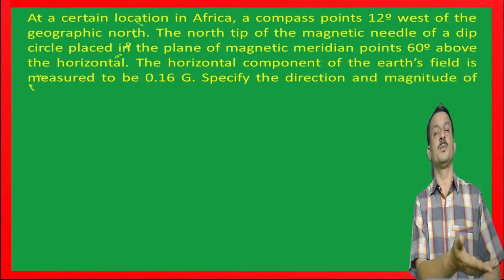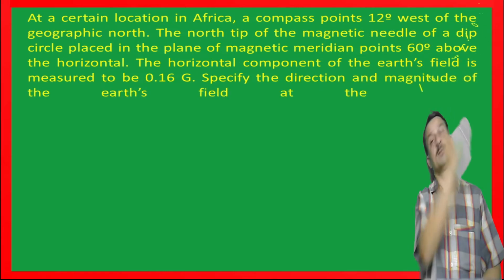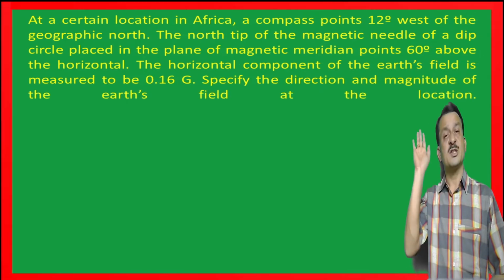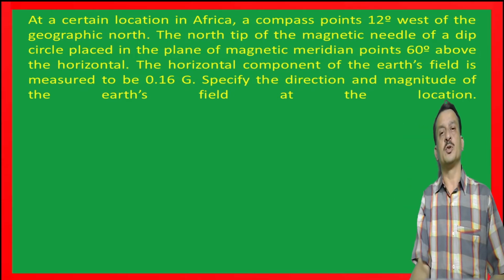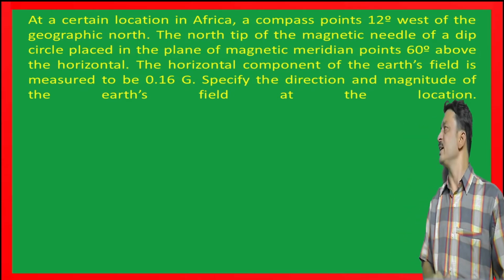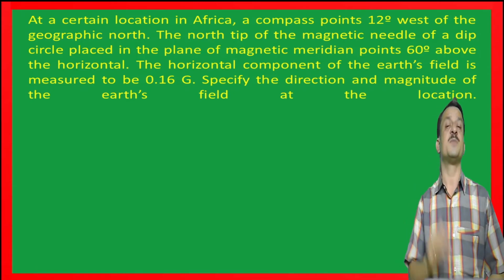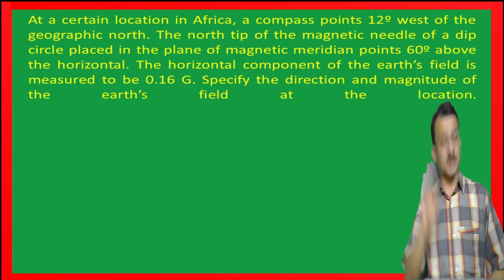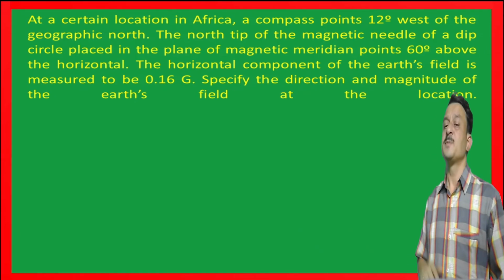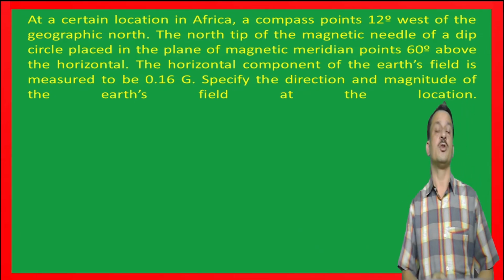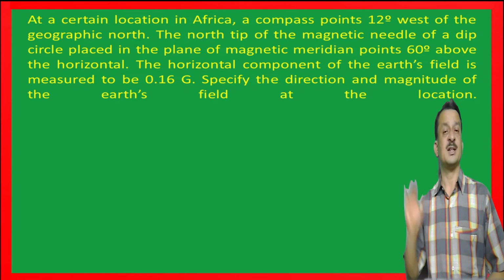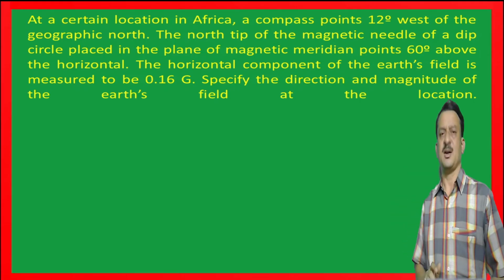So north tip is 60 degree above the horizontal. That means south pole is dipped through an angle of 60 degree. The horizontal component of the Earth's magnetic field is measured to be 0.16 Gauss in that place. Specify the direction and magnitude of the Earth's field at that location, that is in Africa.